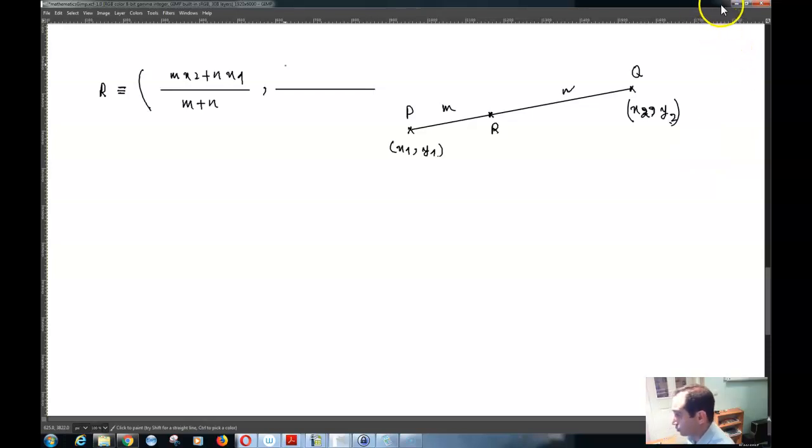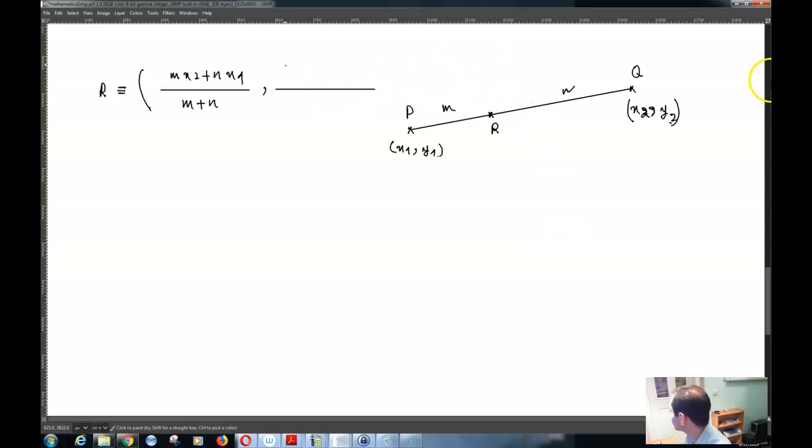Okay, so now let's get started with the concept of external division, and let's see what that is. So basically, the external division. So let's say that you have this line segment over here.